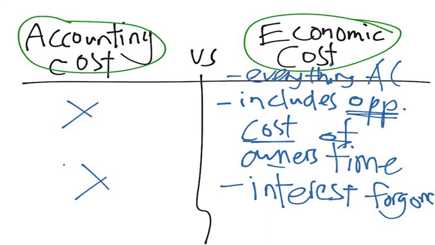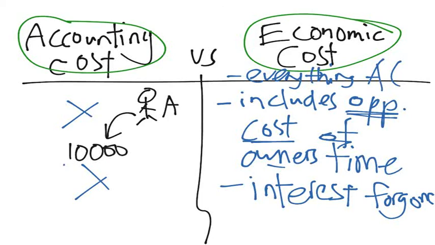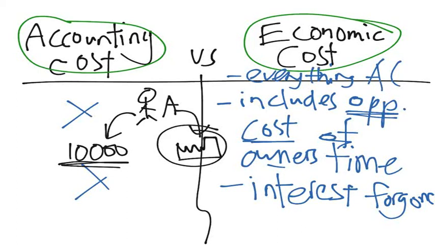So for example, if person A is earning a salary of 10,000 ringgit, and person A now opens a factory by resigning his job, we consider this 10,000 ringgit as the opportunity cost foregone. So we'll include this into the economic cost.